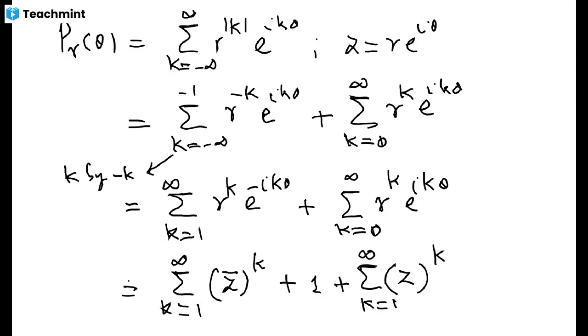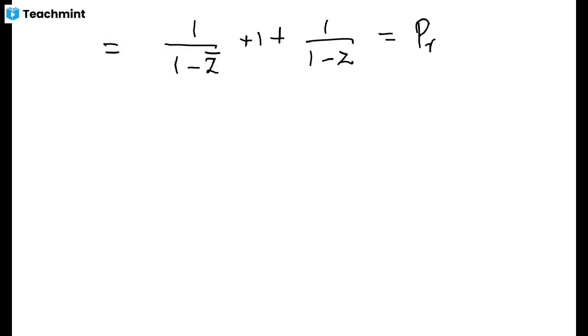Clearly z is in the unit disk, its modulus is less than 1, so we know the sums of these two geometric series. The first sum will be 1 upon 1 minus z conjugate, plus another sum, 1 upon 1 minus z. So we have this formulation of the Poisson kernel also, for z equal to r e to the i theta.